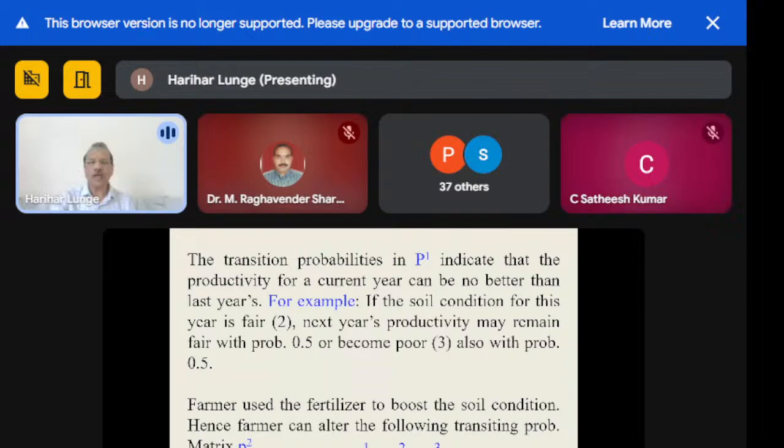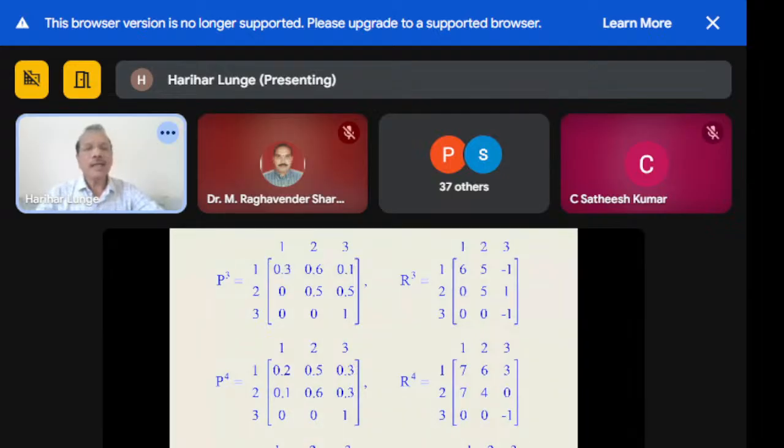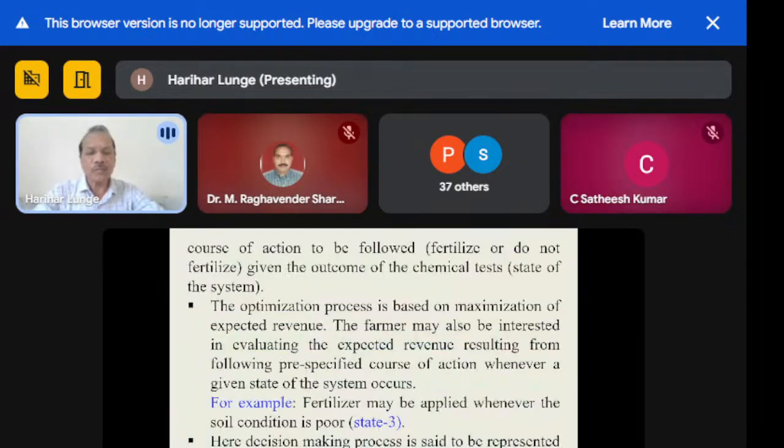fertilize whenever the system is in state 1, fertilize whenever in state 2, policy fifth, fertilize whenever in state 3. In this way, we have these 8 different stationary policies and corresponding transition matrices. As we have seen, P1, P2 and R1, R2.